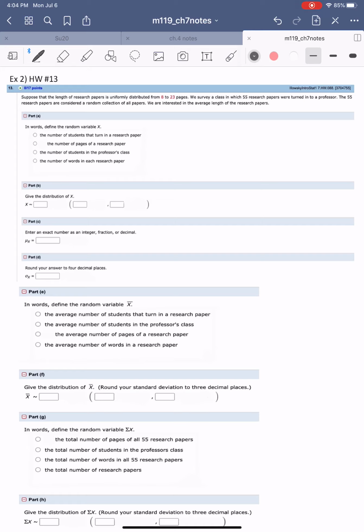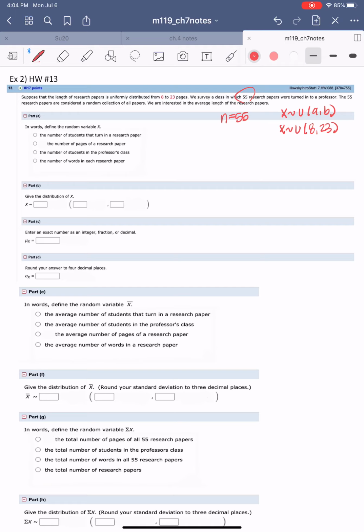You have a uniform distribution, so your x follows the uniform distribution, a comma b. So your a will be 8 to 23, min to max, right? And then what else is given? Sample size 55.